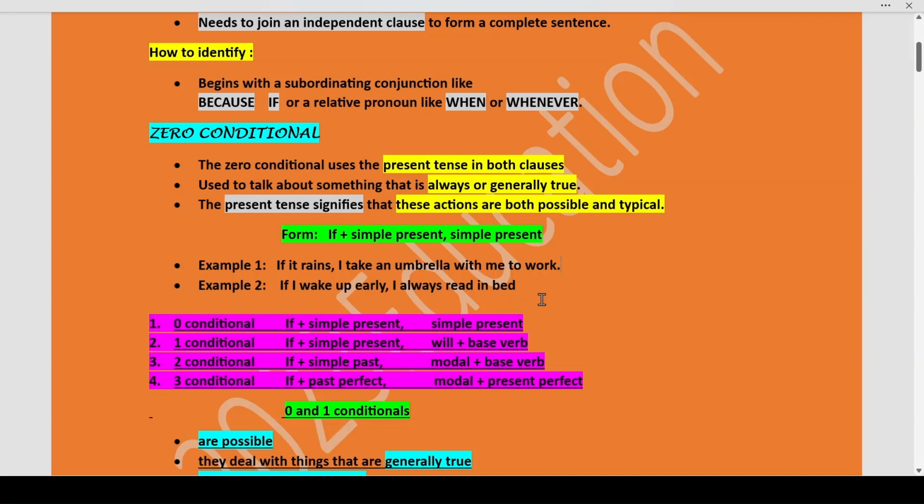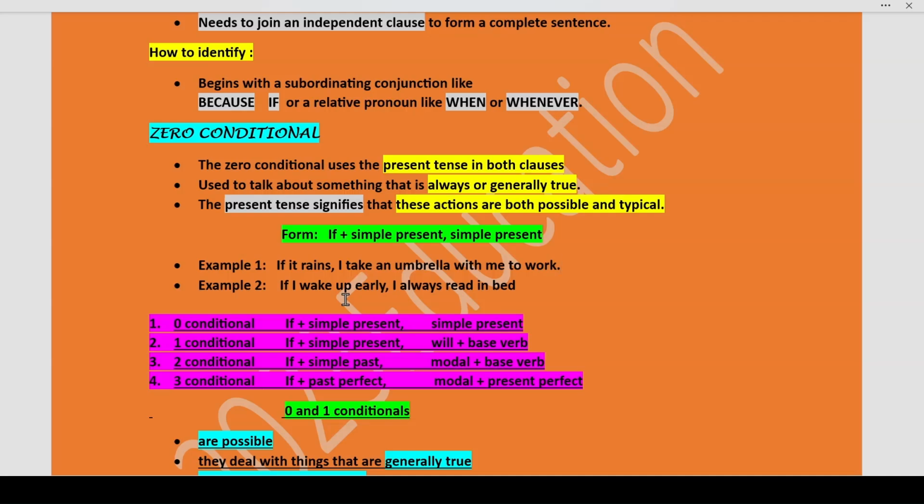Now students, like I told you, if it rains, if I wake up early, these are all dependent clauses, because even if they have a subject and a verb, does it make any sense if I tell you if it rains? What are you understanding? What will happen if it rains? If I wake up early, are you understanding? If I just tell you if I wake up early, what are you to understand? You will not understand.